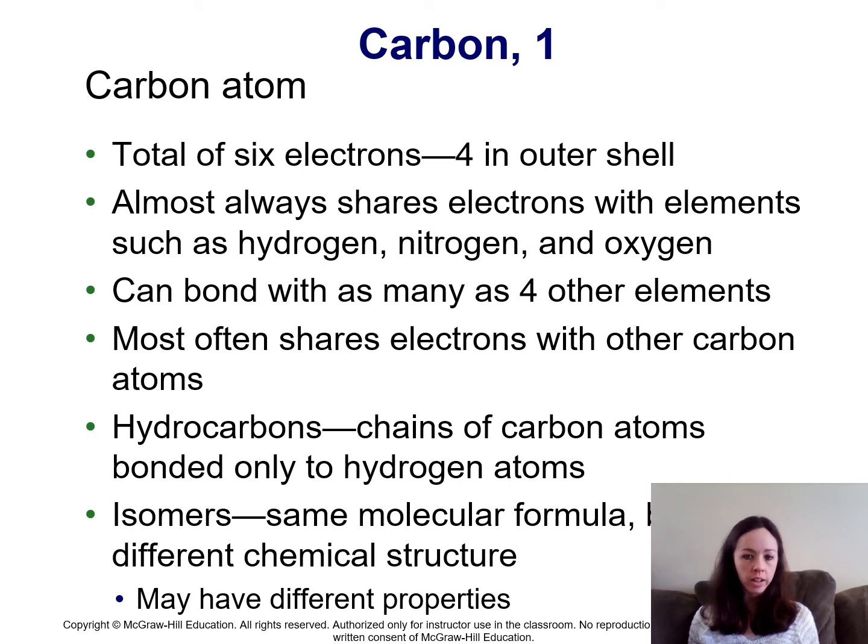And several different organic molecules are going to be isomers of each other, which just means that they contain the same molecular formula, or the same amount of the same kinds of elements and the same amount of atoms. However, the chemical structure is going to be different, and so the chemical properties are going to be different from each other.